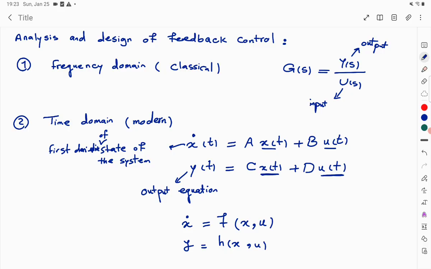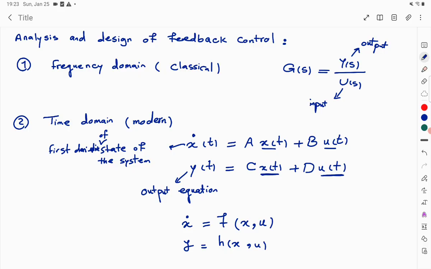If you see, in the frequency domain we have a transfer function, and in this transfer function we cannot consider the initial condition. So sometimes the initial condition is really important for seeing the future of the system, I mean, the behavior of the system during time, and also other limitations.